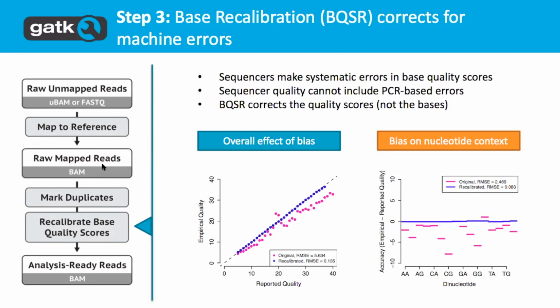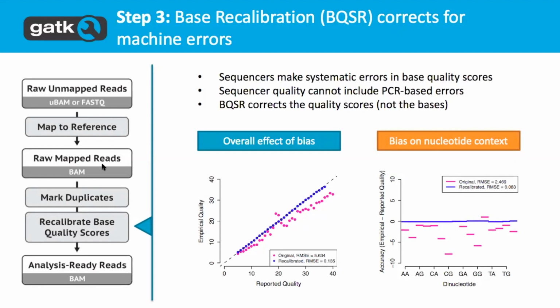For that, we use this tool called BQSR, which detects the systematic errors created by the sequencer. These could be due to the physics or the chemistry of the sequencing technique itself, or some manufacturing defects in the sequencer, which cause these errors across the sample.